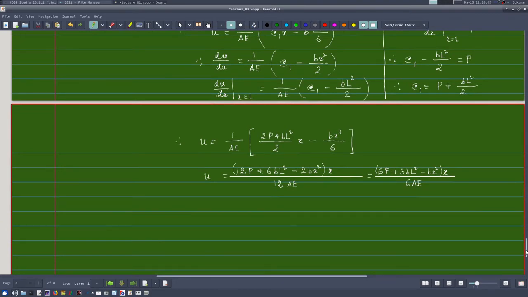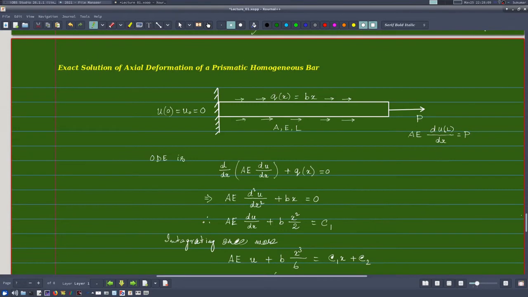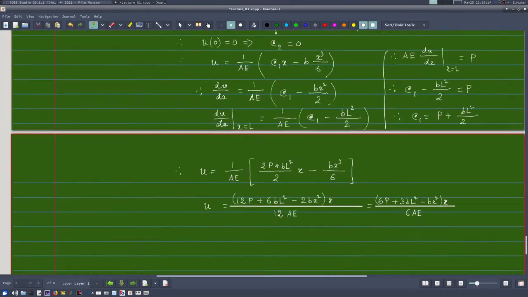Now, if the bar is not carrying any surface traction, say B is 0, in that case, then what do I get?